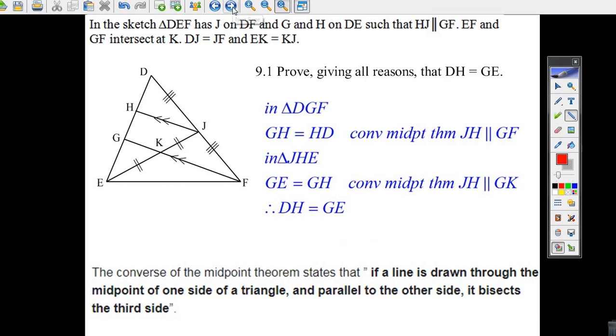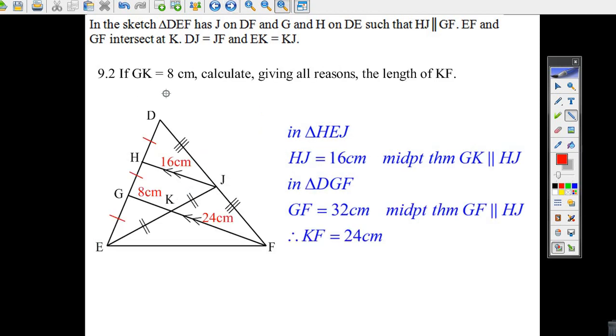Let's just try this last one here. It's a little bit tricky, but it's sort of interesting. In this question, they say that JK is 8 centimeters, and they're asking us to find this KF thing out here. Well, if you know that this is 8, the midpoint theorem says that if you have a parallel line going through the midpoint, that parallel line in the middle is always half as big as the one at the bottom.